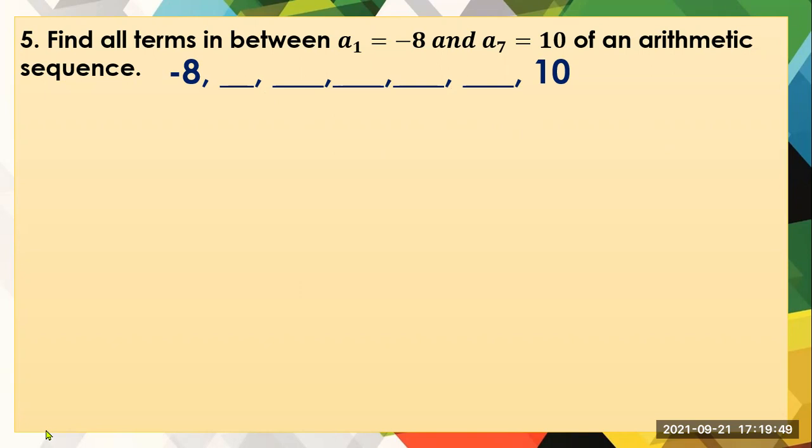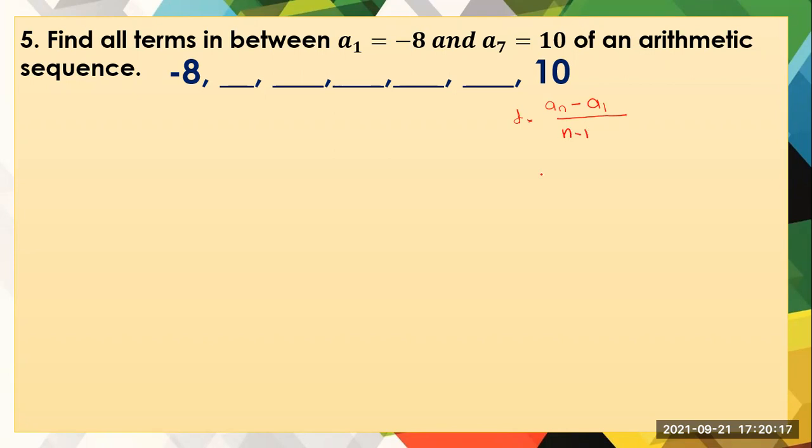I need a pen. Okay. Again, forgive me for having such bad handwriting. Okay, so for the common difference, we derived the formula earlier. So that is a sub n minus a sub 1 all over n minus 1.